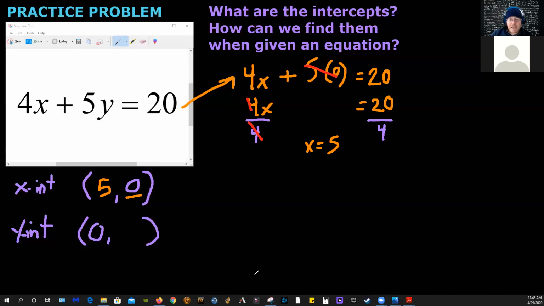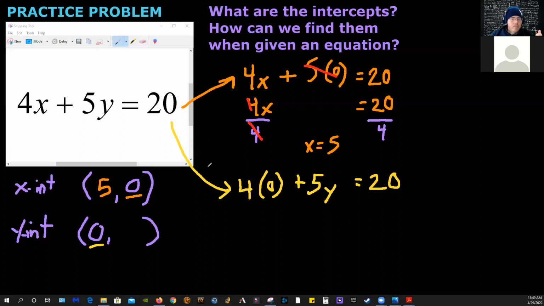And now we can do the exact same maneuvers. If we put 0 in for the x value, that means we would have 4 times 0 plus 5y equals 20.